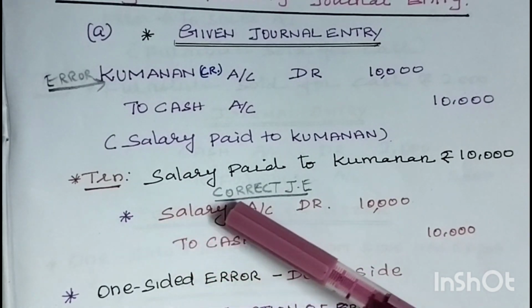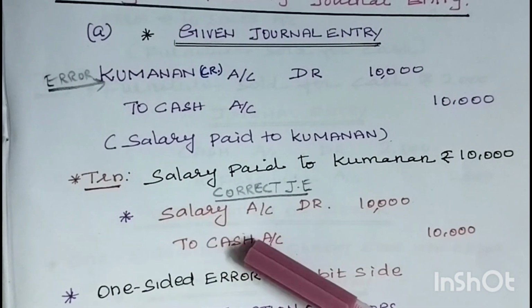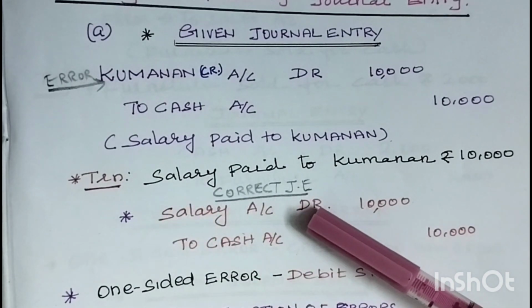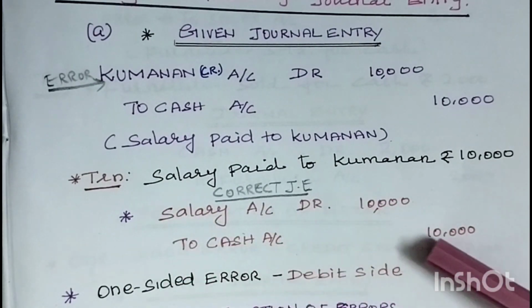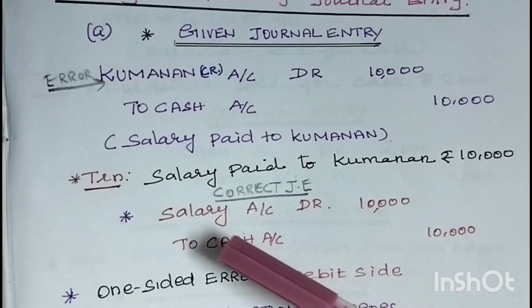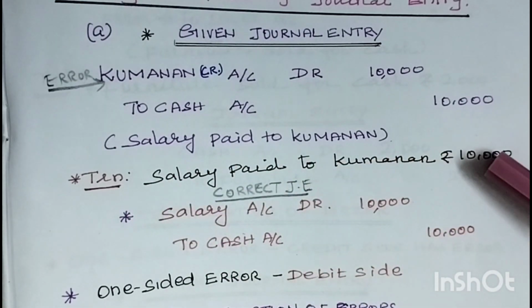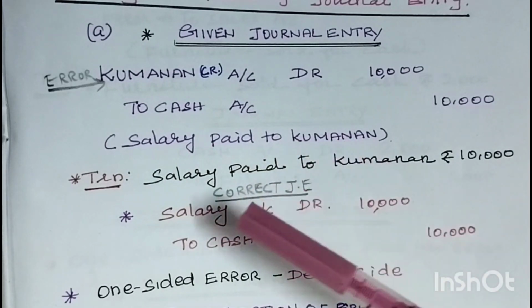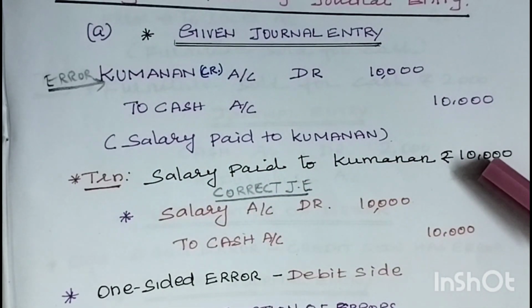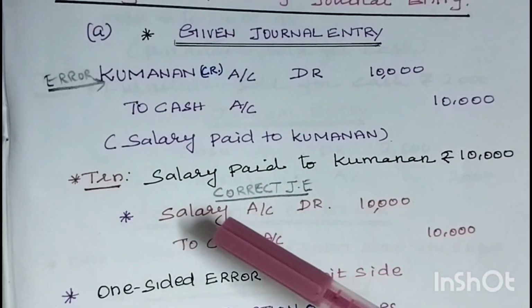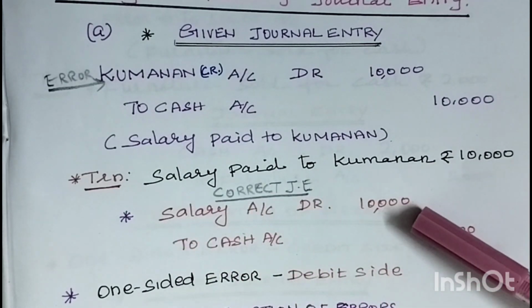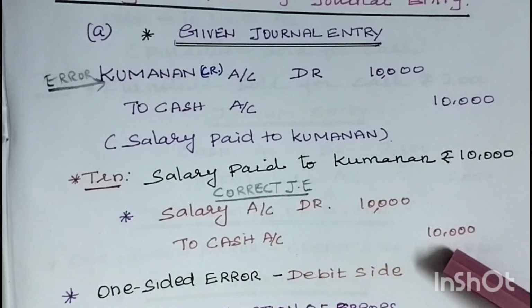For salary, cash account decreases. So salary account debtor 10,000 rupees to cash account. This is the correct journal entry for this transaction, salary paid to Kumaran 10,000 rupees.